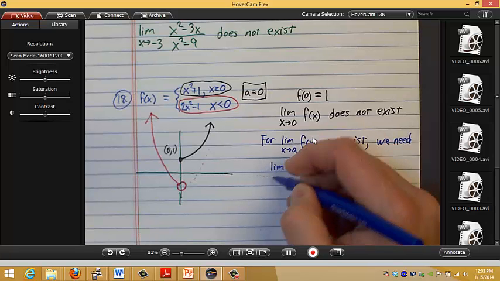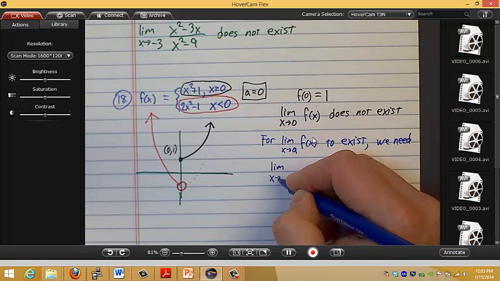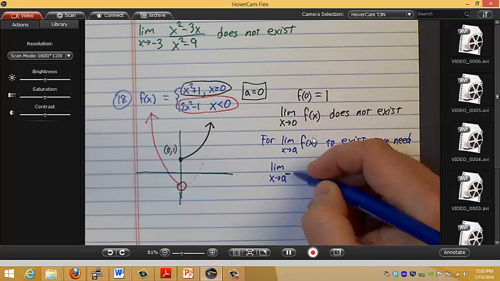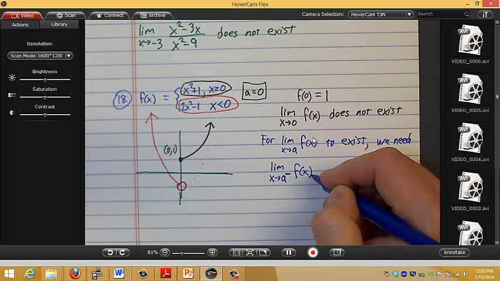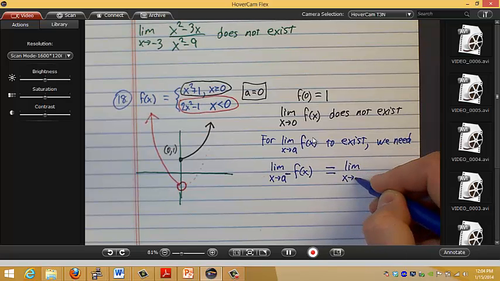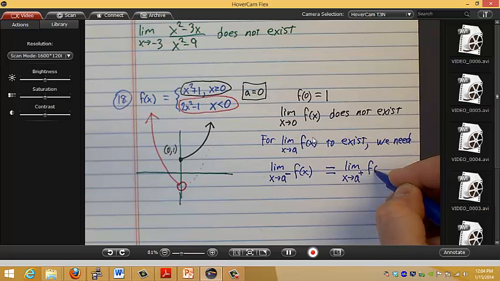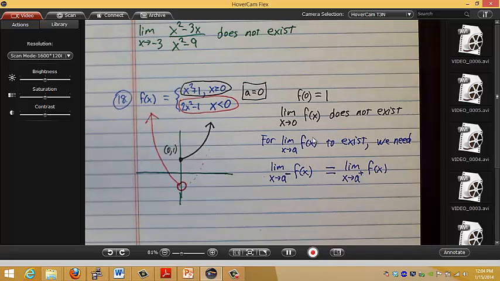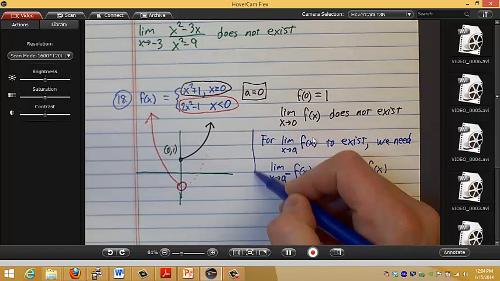The limit as x approaches a from the negative side has to equal the limit as x approaches a from the positive side. This is a nice fact to know, what I just wrote in blue.